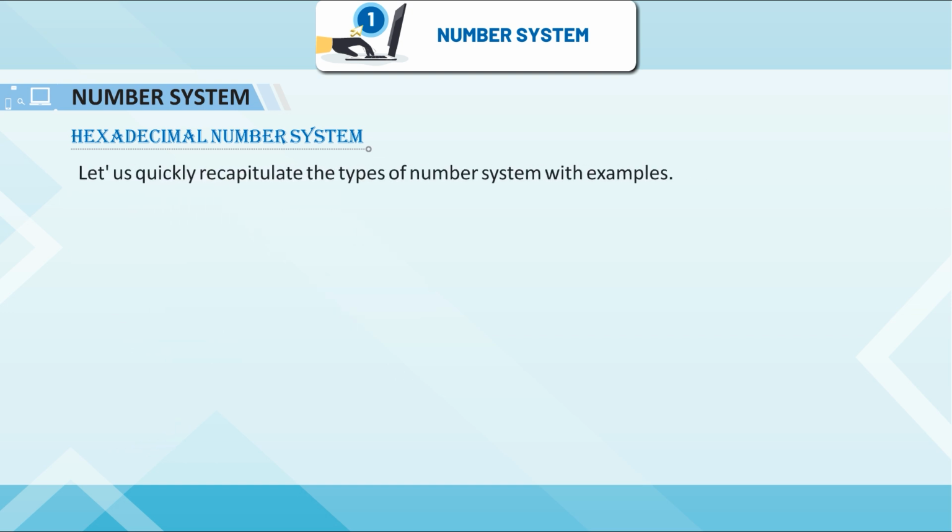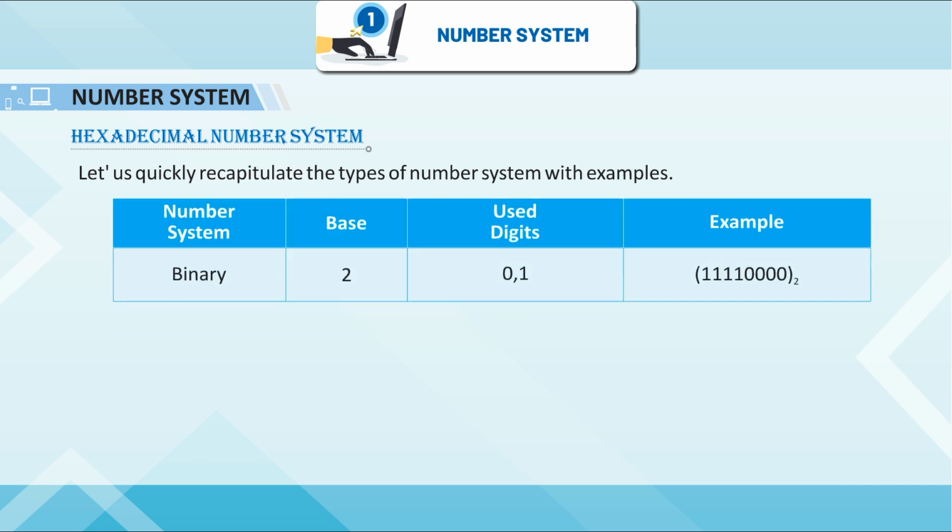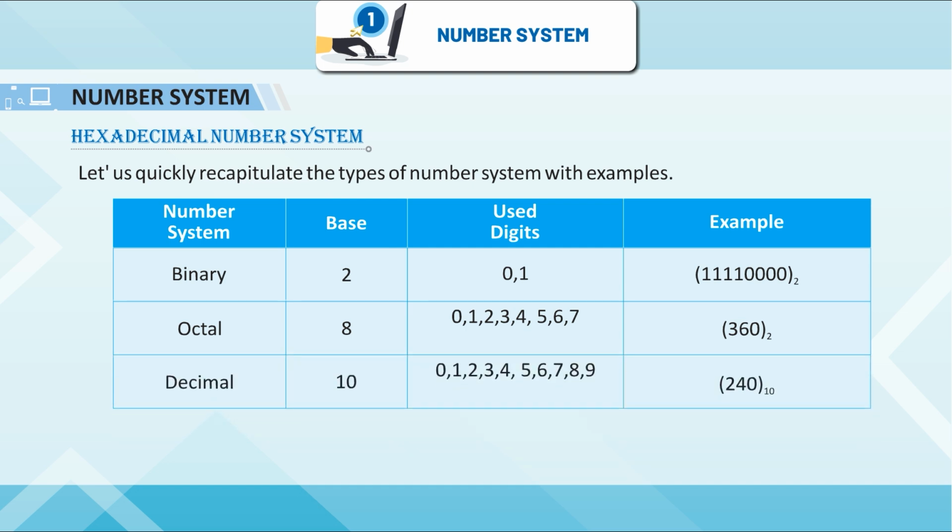Let's quickly recapitulate the types of number systems with examples. Binary number system, base 2, use digits 0, 1, example, 11110000 with base 2. Octal, base 8, use digits 0, 1, 2, 3, 4, 5, 6, 7, example, 360 with base 8.